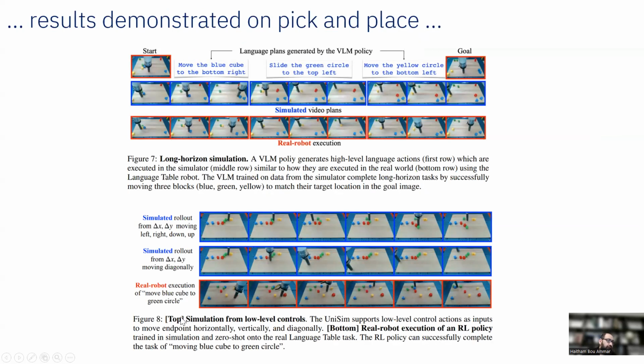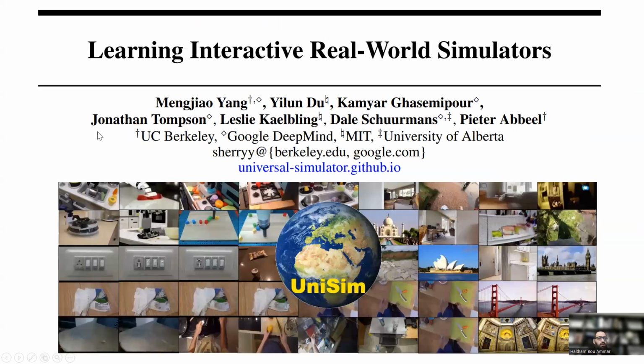And here again, we have a simulation, but from low-level controllers, not just from text. They want to show you it also works in these delta X, delta Y type of controllers. And now, as we can see, the RL policy can successfully complete the task of moving a blue cube to the green circle.